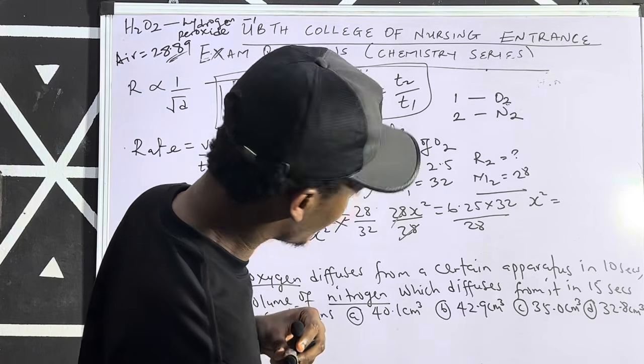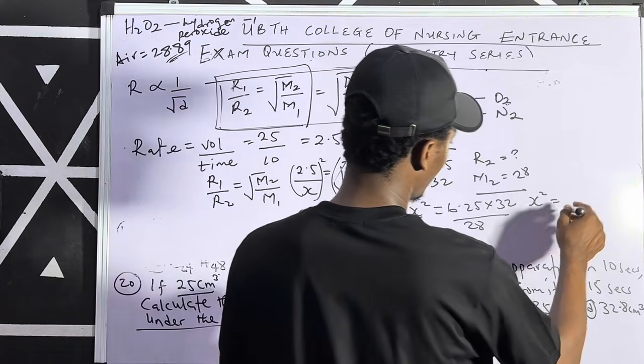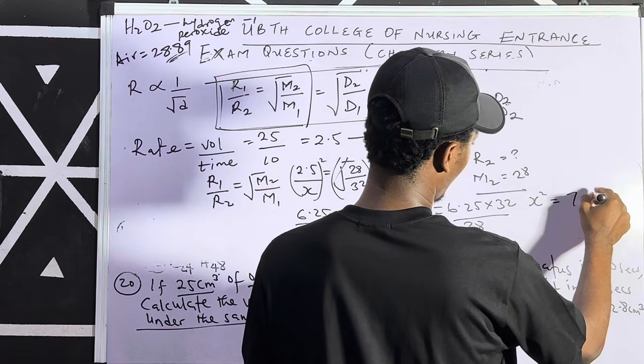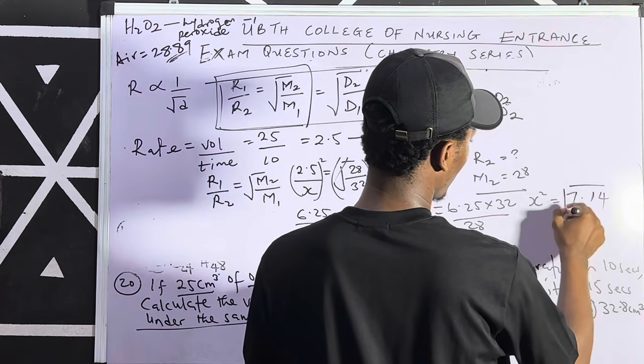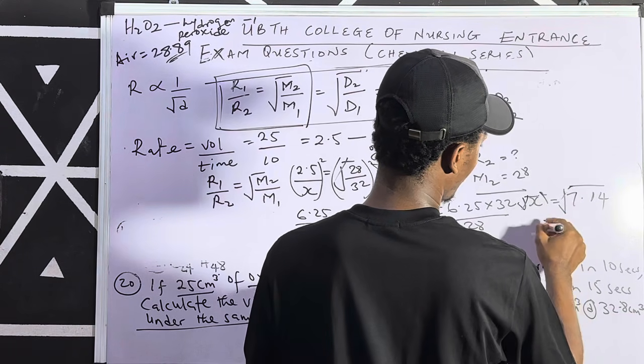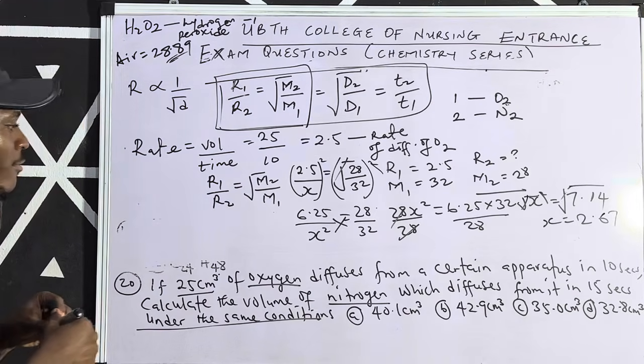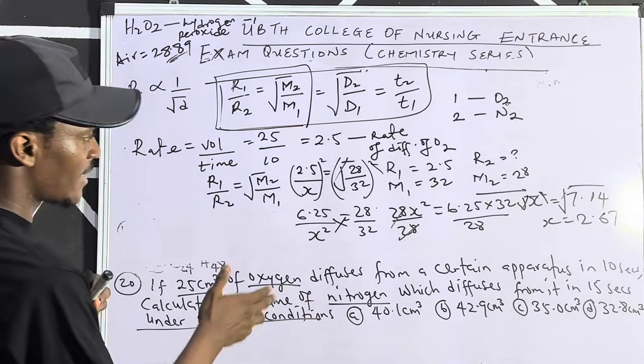Then we have to take the square root of both sides in order to get x. When you do that, it becomes 2.67 as our x. That's the rate of diffusion of nitrogen.